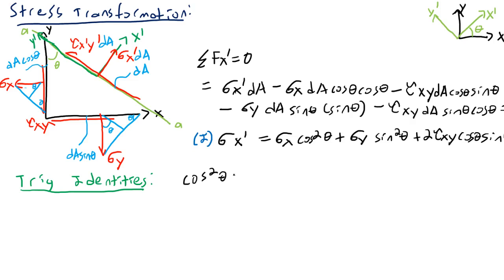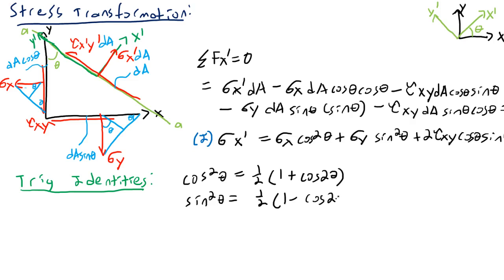Cosine squared theta equals 1/2 times 1 plus cosine of 2 theta. Sine squared theta equals 1/2 of 1 minus cosine of 2 theta. And sine theta cosine theta equals 1/2 sine of 2 theta. This essentially allows us to get rid of our cosine squareds and sine squareds.